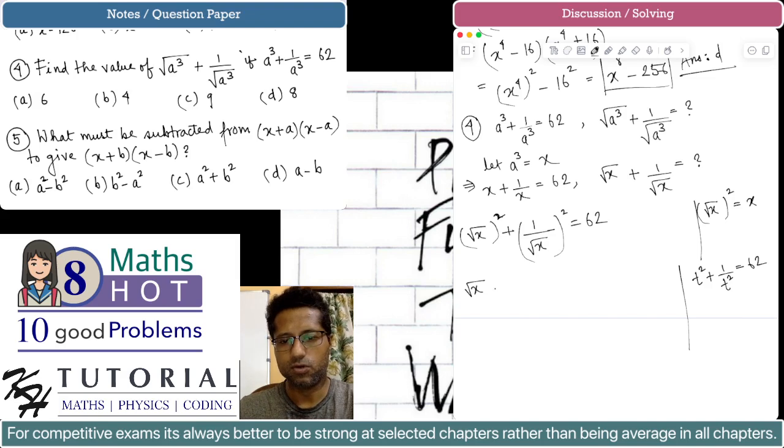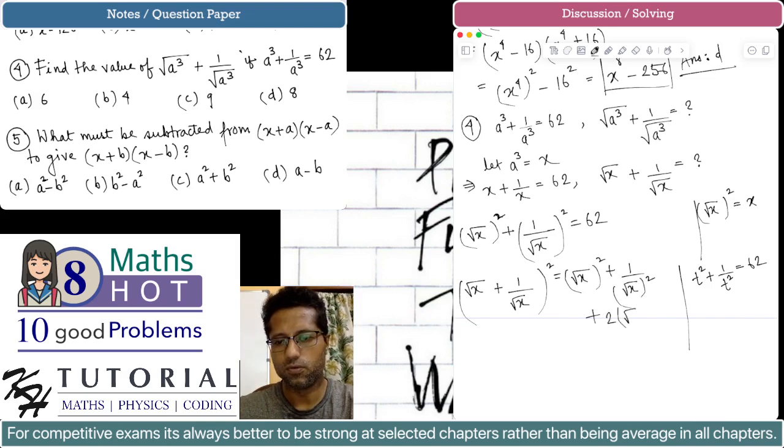Now if I take the square of root x plus 1 by root x, its square is equal to (root x) square plus (1 by root x) square plus 2 into root x multiplied by 1 by root x.